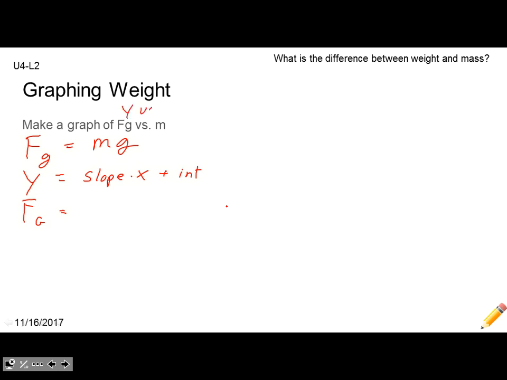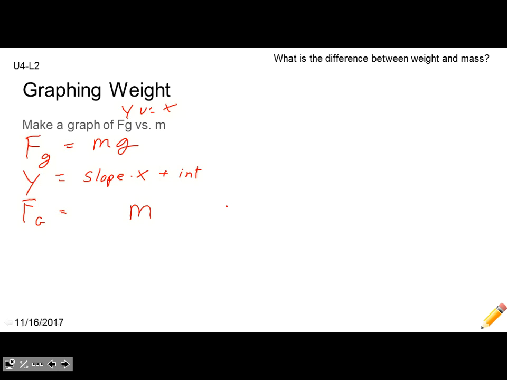Remember, it's like Y versus X. So which letter corresponds to the horizontal? Not g, M. Okay. That's what I said. You know, it's messing me up because I'm thinking of slope as mx plus b, and that's why I'm all screwed up. That's why I wrote the word slope, so I wouldn't make that mistake, but I made it anyway. All right, so we've got Fg versus M. What are we left with? Erica, what variable from the top are we left with?